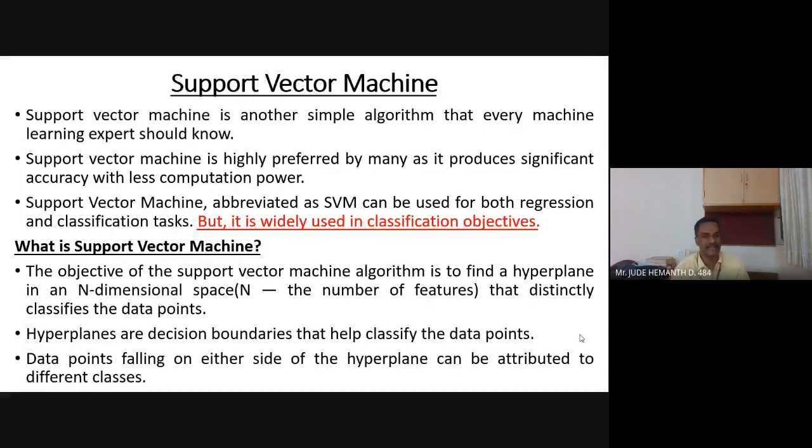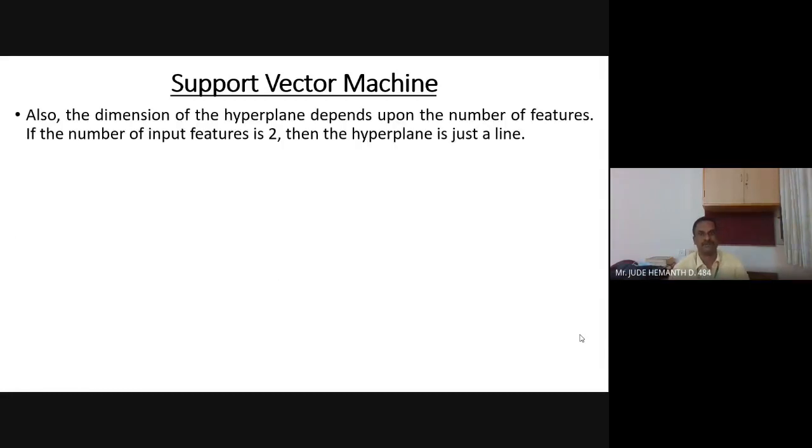So your duty, again similar to decision trees, in the support vector machine is also to find the hyperplane. But now the process is slightly different. Try to find out how many data are on one side of the hyperplane and how many data are on the other side of the hyperplane. And as I told you, the dimension of the hyperplane depends upon the number of features.